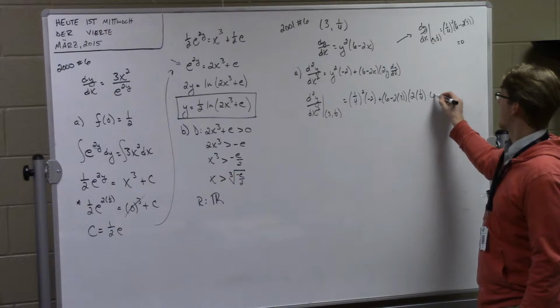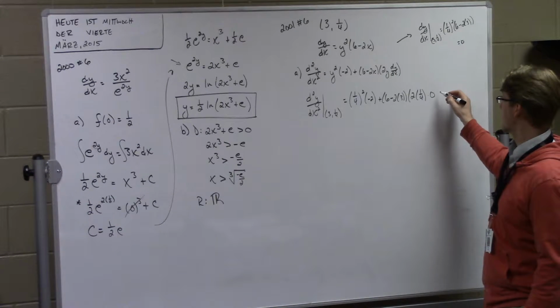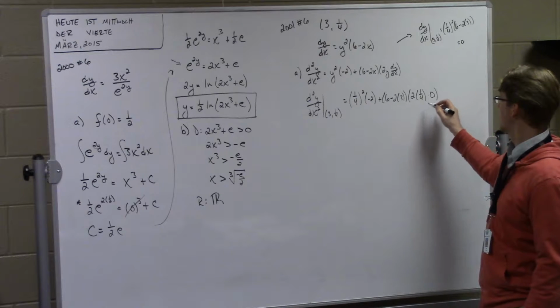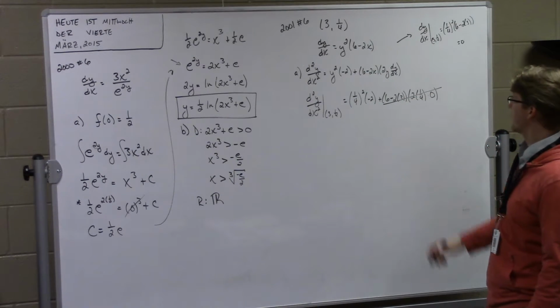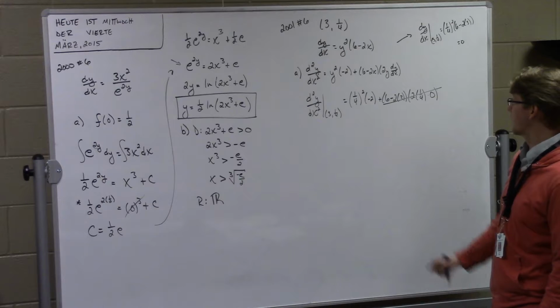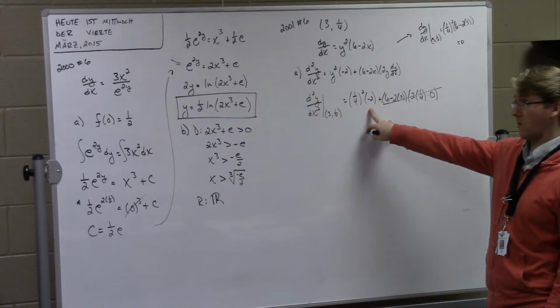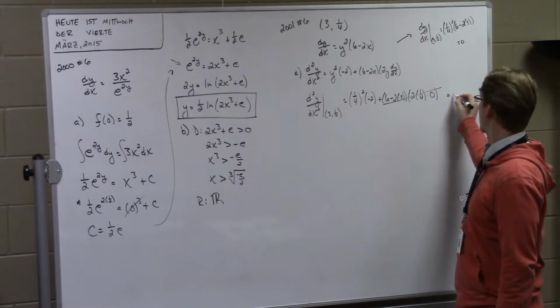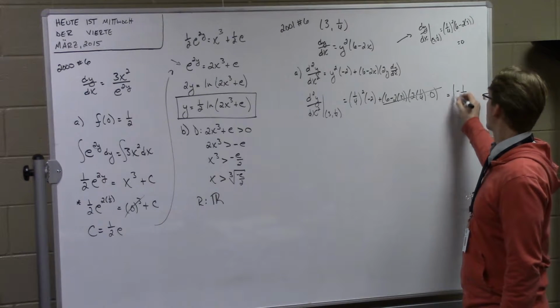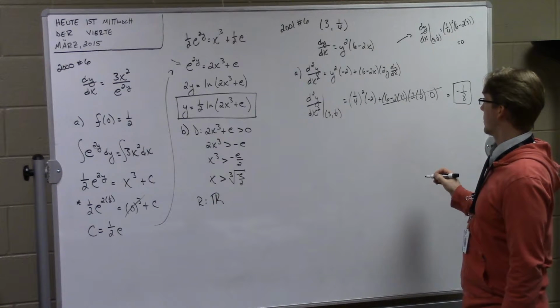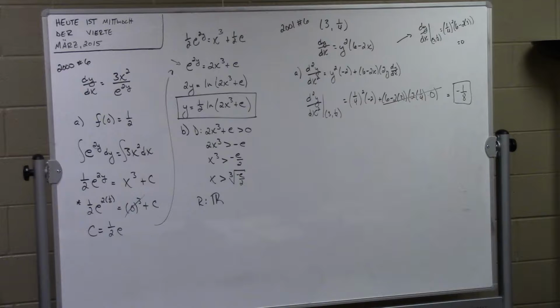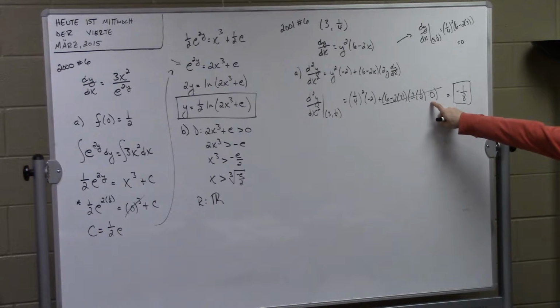So this will be times 0, which is actually rather convenient, because this whole second half gets knocked out, so we're looking really at just 1/8. So my answer for that one is going to be negative 1/8. Easy.